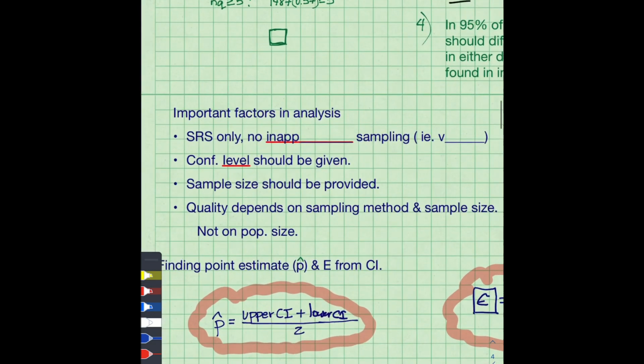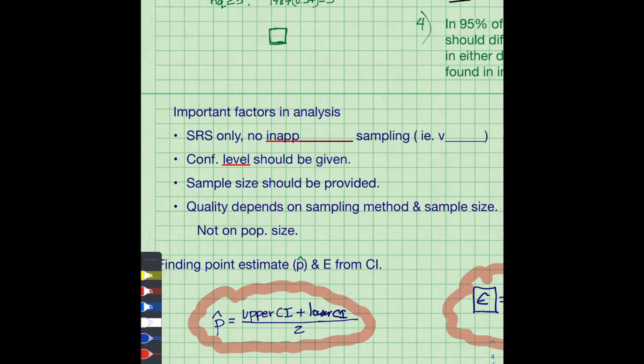So, just summarizing, when you analyze this: no inappropriate collection of data, no asking relatives, or sending out flyers and letting people respond, right? We have to use some sort of simple random survey. They should give you the confidence level.